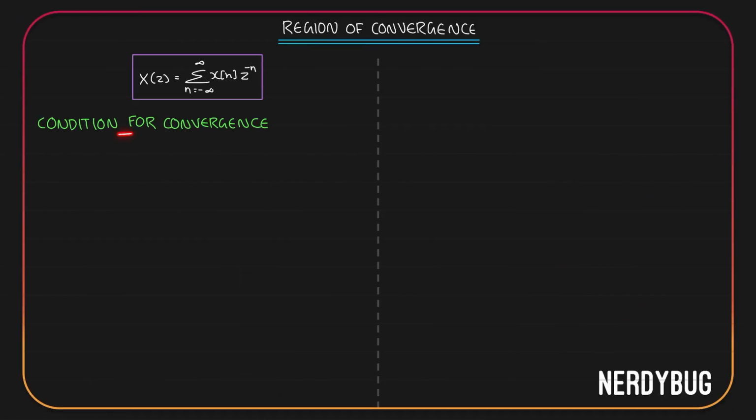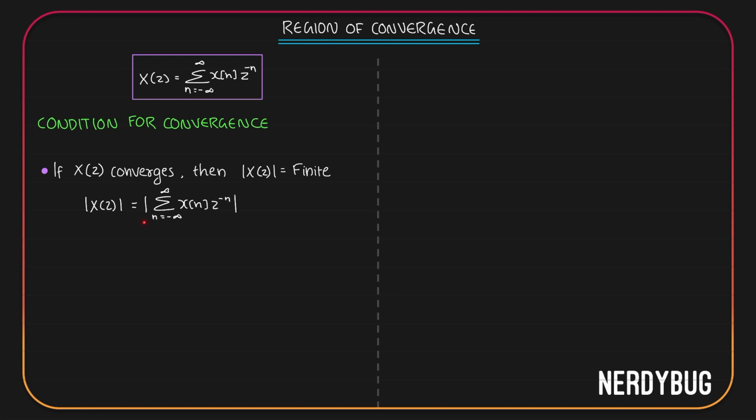Let us now figure out the condition for convergence of z transform. When we say X(z) converges, what we mean by that is that the magnitude of X(z) is finite. Magnitude of X(z) is magnitude of summation from n equals minus infinity to infinity x of n z raised to minus n.